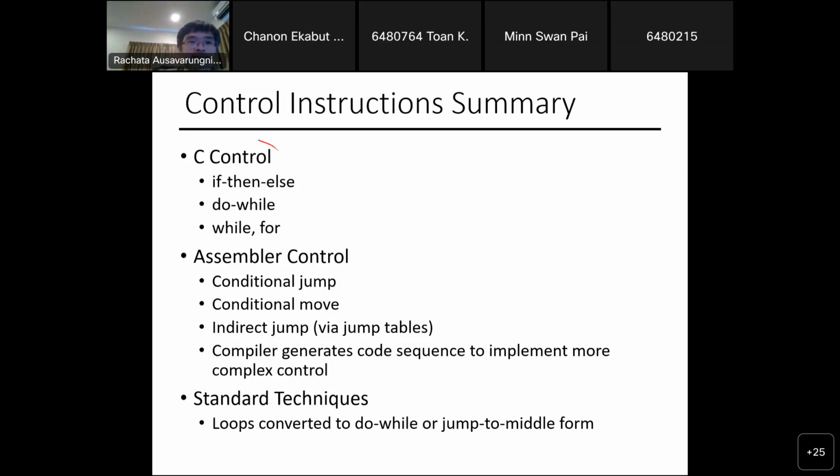So you can have C control instructions like if-else, do-while, while loop, or for loop, and the assembly control instructions like conditional jump, conditional move, and indirect jump, which we'll talk about in a bit. The compiler is responsible for doing all this code generation for you.